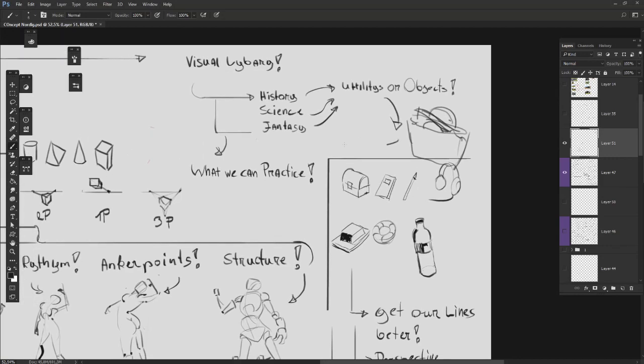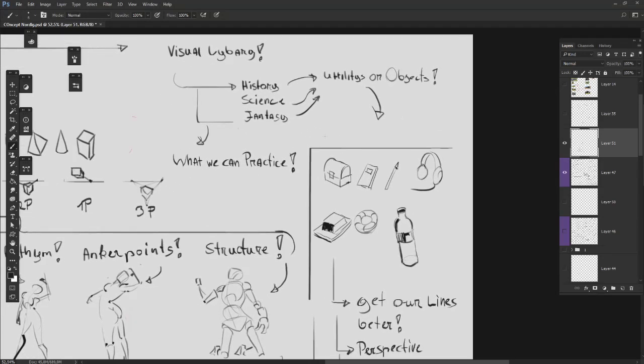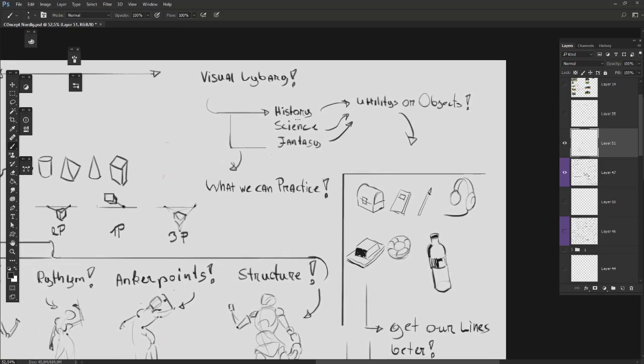I can totally draw that based on what I see in my surroundings, and then I learn better how to do that. But let me take a step back and see what we can draw. We can draw history, science, fantasy.